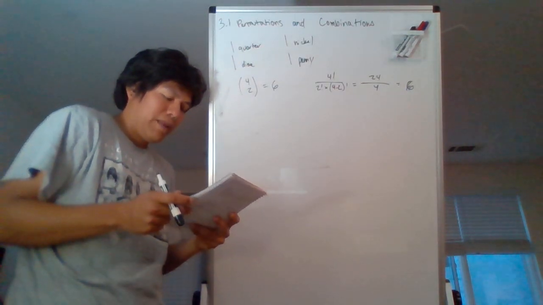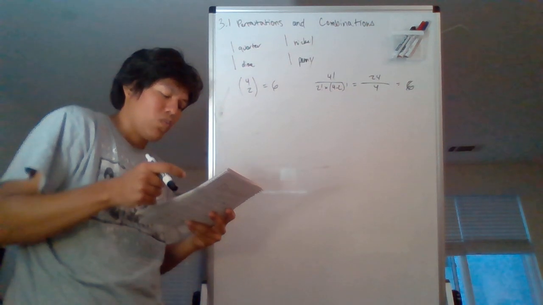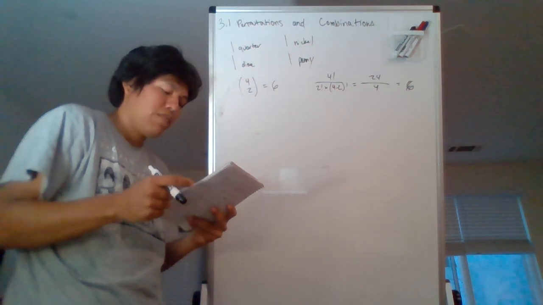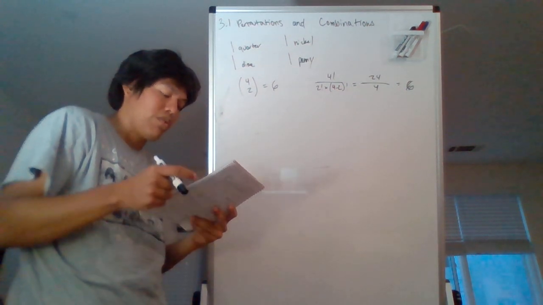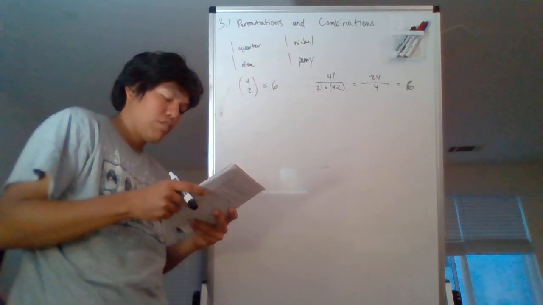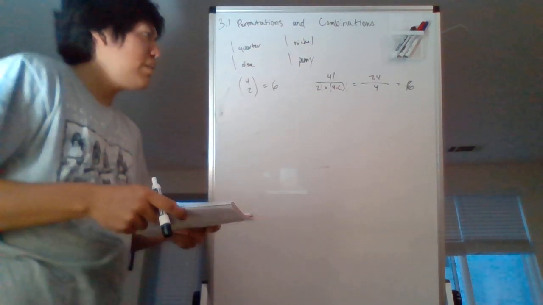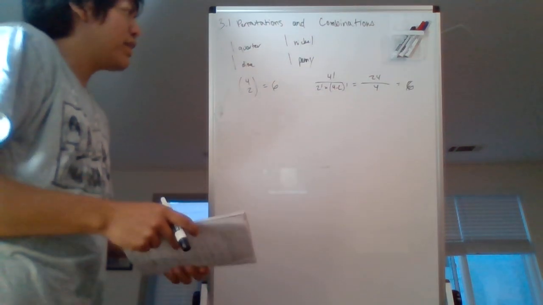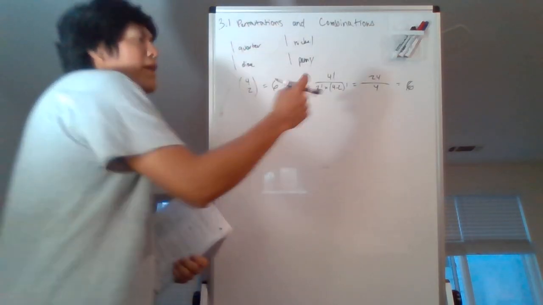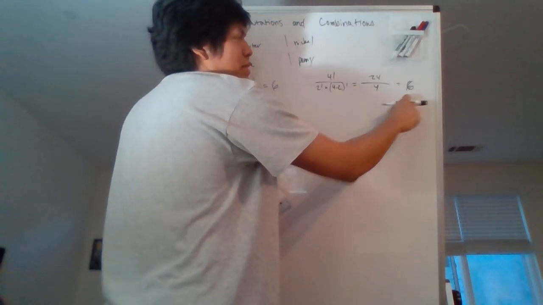Okay, so now it's asking us, what's the probability that one of the coins is either a quarter or a dime? Well, let's write out these 6 different combinations.